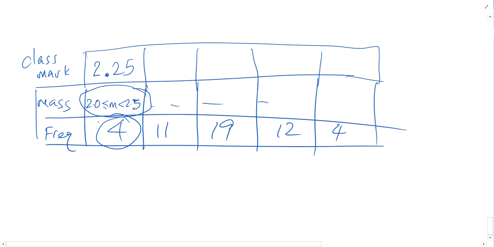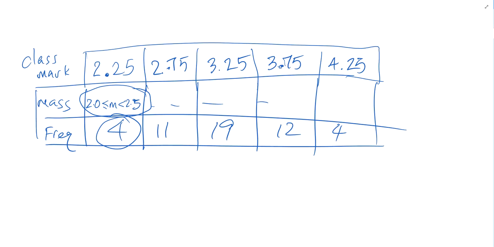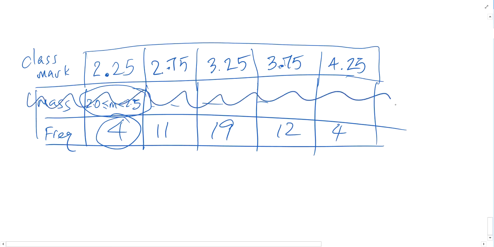So we need to put in all the other information, which in this case will be 2.75, 3.25, 3.75 and 4.25. Now with this, we do not require the mass row anymore. So you can take a pencil, cancel it. Because we cannot find standard deviation or average using a range.